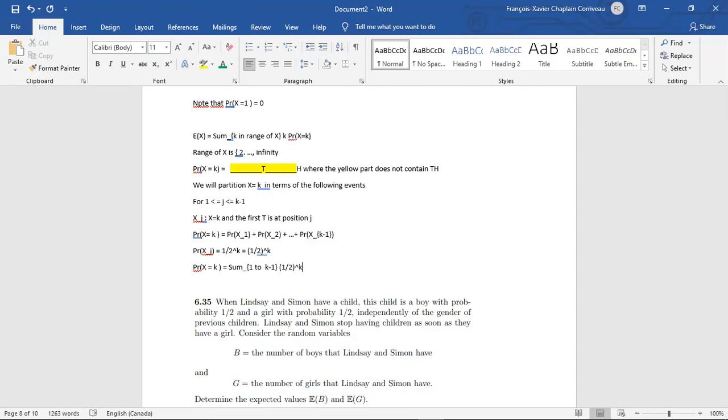And again, we're doing a very formal approach to prove something that you automatically thought of. You thought, well, this looks like a geometric distribution, but it's not quite a geometric distribution. But we'll get back to something that looks very close to a geometric distribution.